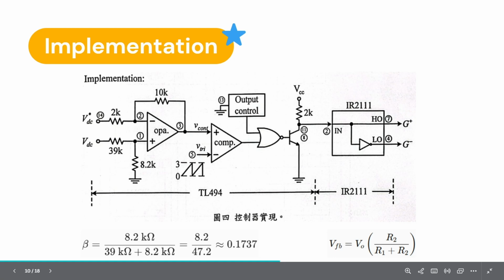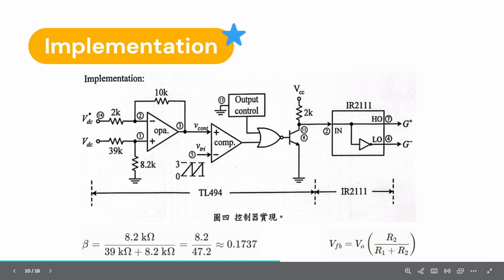The high voltage link feedback relies on an isolated scaling resistive divider network. The high voltage potential VDC maps through the 39 kilo ohm upper series pad, interacting with the 8.2 kilo ohm ground clamp resistor. The steady state feedback scaling ratio can be defined as beta equals the ground clamp resistor divided by the series pad, the 39 kilo ohm, plus the 8.2 kilo ohm resistor.